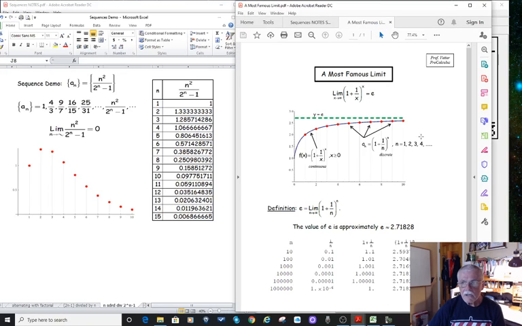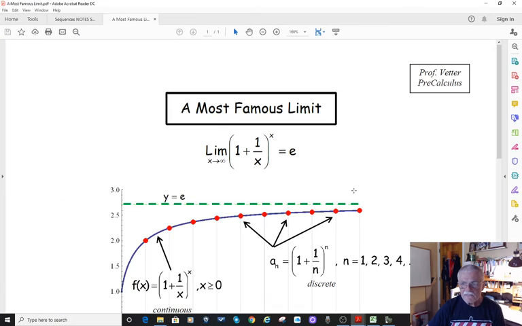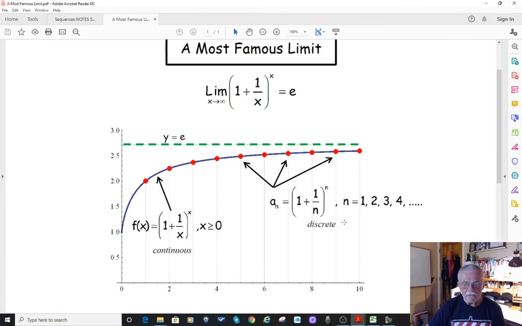Yes. Okay. This is a limit which you've heard about in the past. The sequence comes from 1 plus 1 over n, to the nth power. And it turns out this is the most famous limit ever.